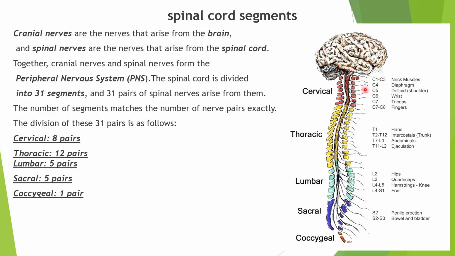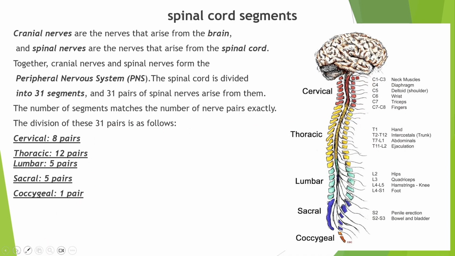The cervical vertebrae are C1 to C7, but if we talk about the nerves, then it is 8, because the first nerve emerges from above the C1. That's why the cervical region has 8 pairs of nerves. Okay.